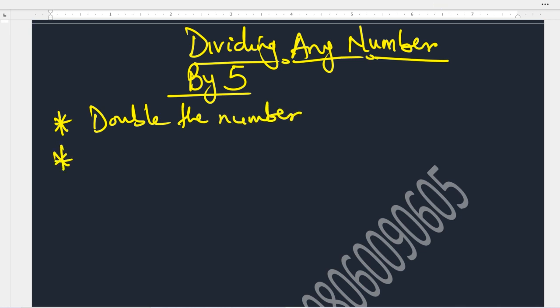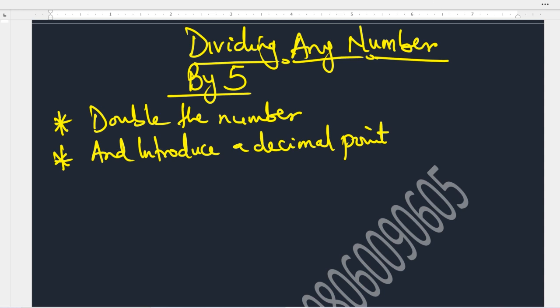The first thing you need to do is to double the number and introduce a decimal point before the last digit on the right.